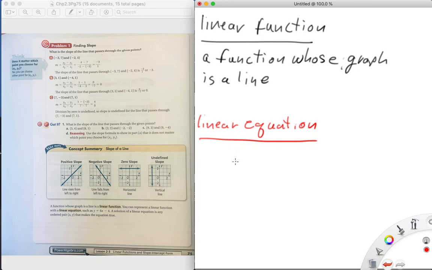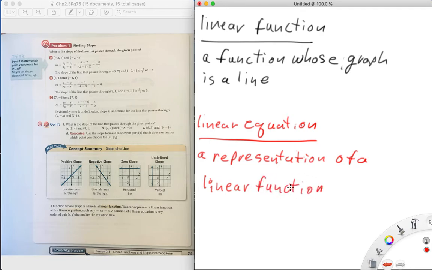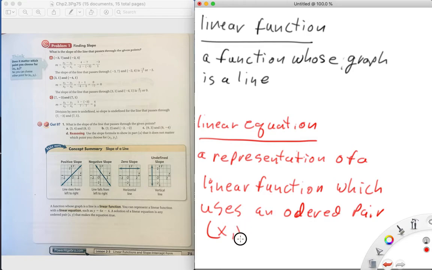And a linear equation is a representation of a linear function which uses an ordered pair in the form of x and y. Okay.